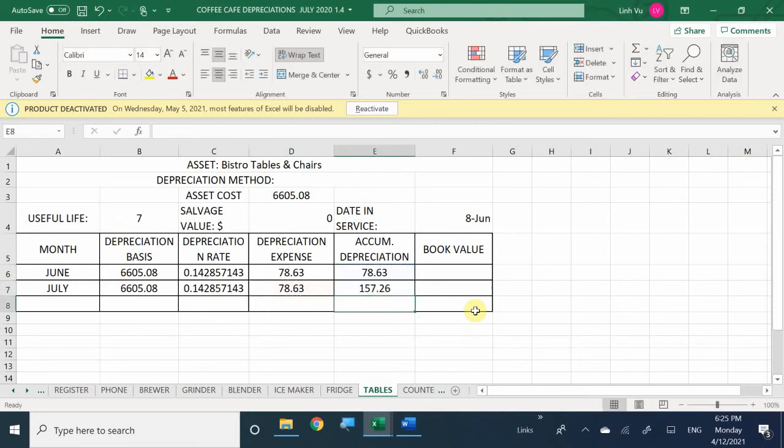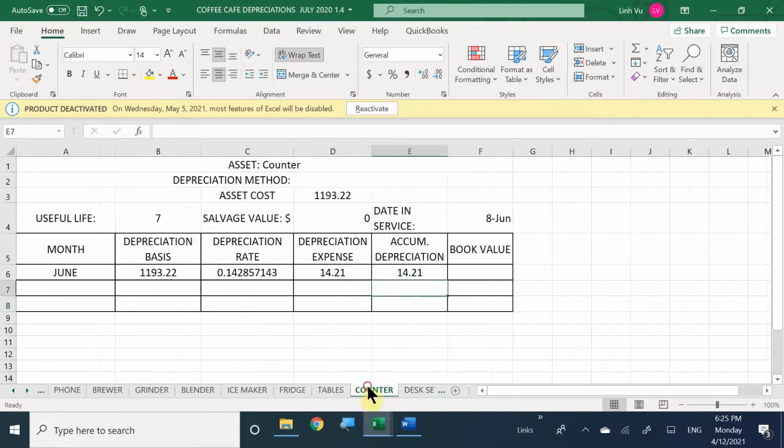No matter where we are, when we're dealing with straight line, it's going to be the same for every single month. So 78.63 for my table is going to be for every single month.